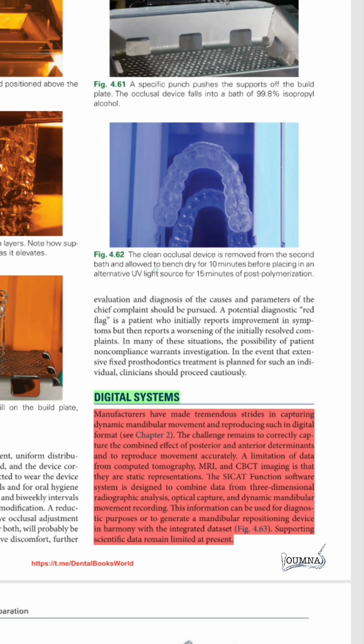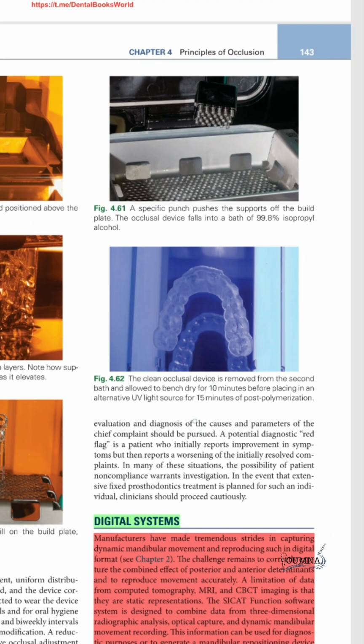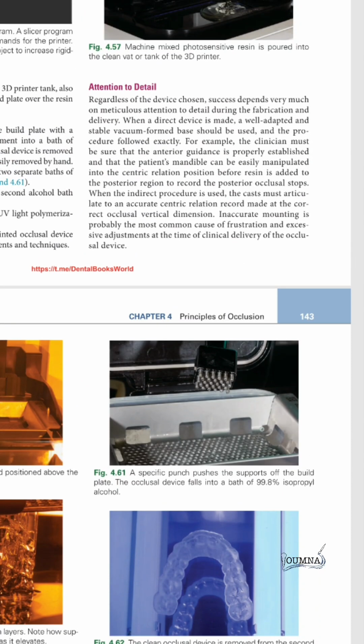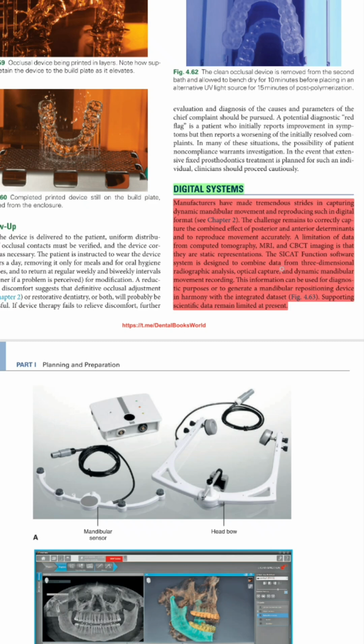After some final polishing and trimming, the device is cleaned and allowed to dry for 10 minutes, and it is placed in an ultraviolet light source for 15 minutes for post polymerization.